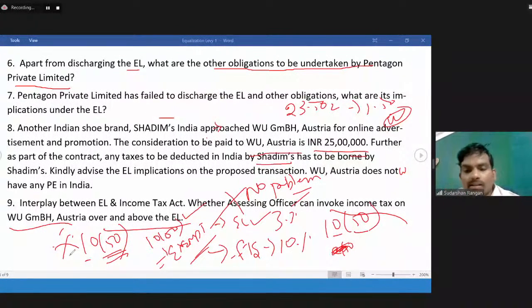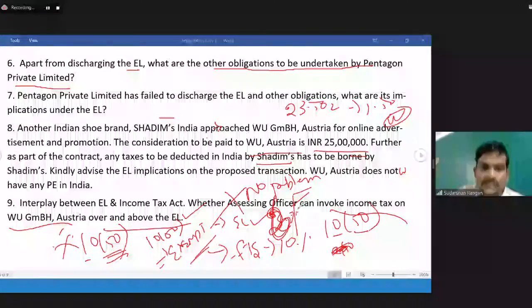Only one time paid, 6% equalization levy. They will not ask you to pay additional FTS. So please remember this: equalization levy is only 6% for online.